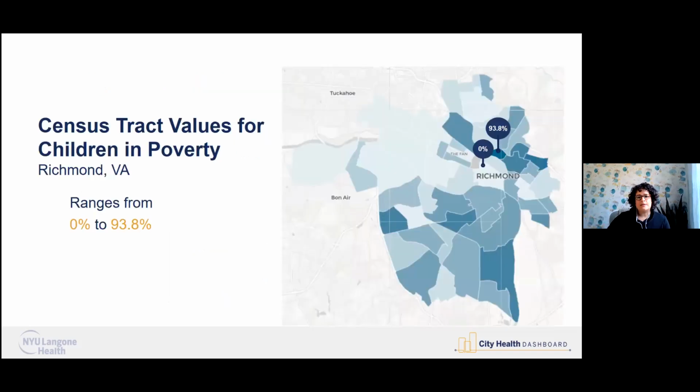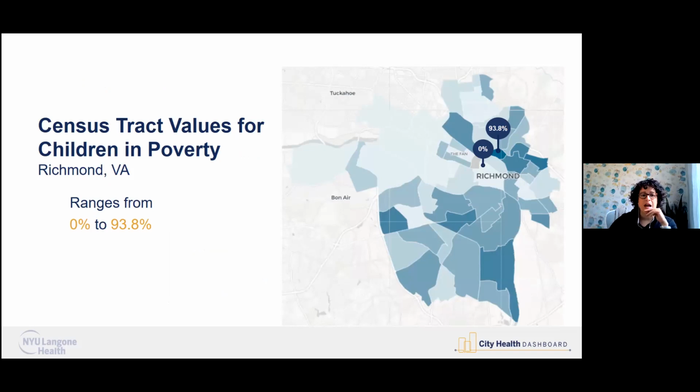Sometimes, as you zoom into the census tracts and the map portion of the site, these values aren't always displayed unless you scroll over, so that you can quickly get a visual understanding of the relative differences between children in poverty throughout the city of Richmond.